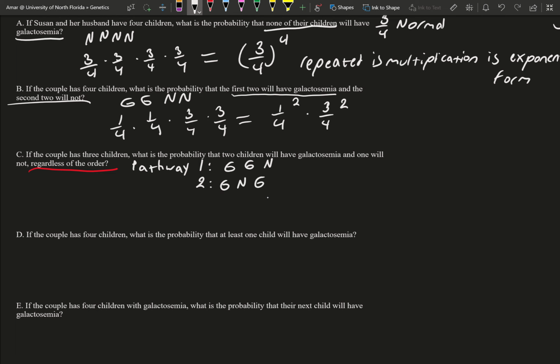And then the last one would be normal, galactosemia, galactosemia. So what we need to do is figure out the probability of getting this first outcome, okay?